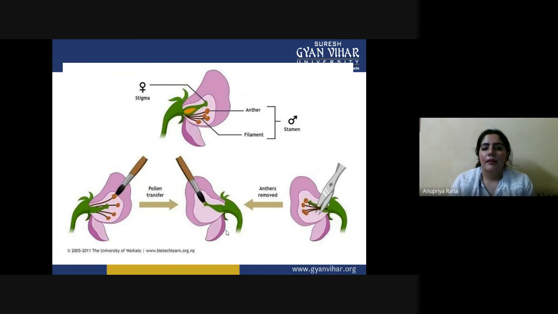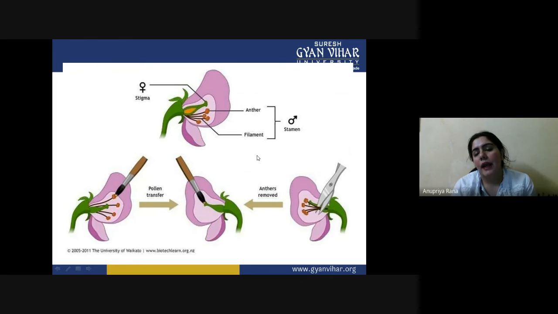The stigma and anther are in the same flower. They cut out the anther, or sometimes by the help of a brush they pick up the pollen of a special flower whose character they want in another plant, and they transfer that pollen with this brush.